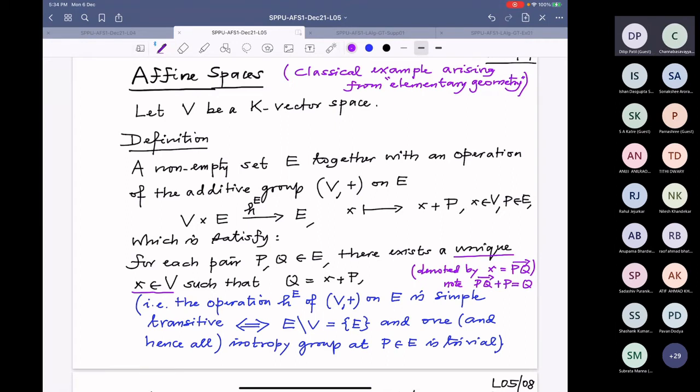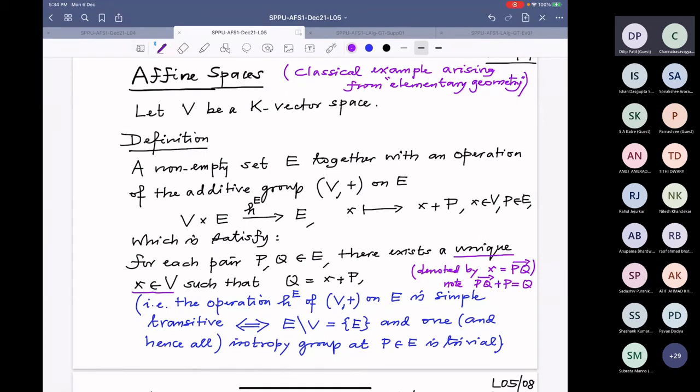The only thing, if at all we change something, is the change in the notation. So this is the operation map I have given. This is simply transitive. Again, there is only one orbit. The orbit space is a singleton, and that orbit is the whole E. And the isotropy group at P for every P is trivial.